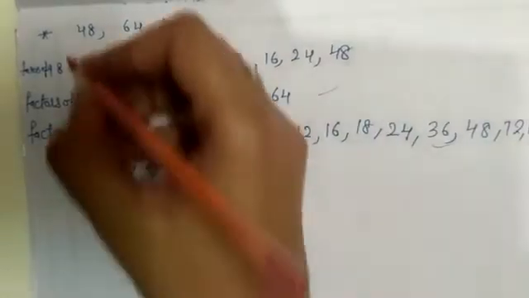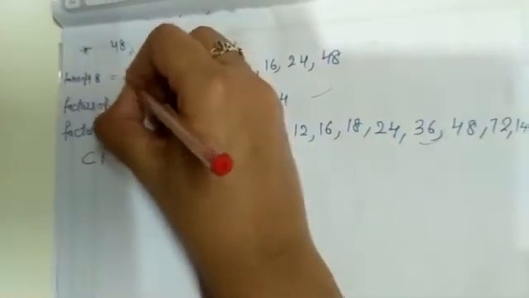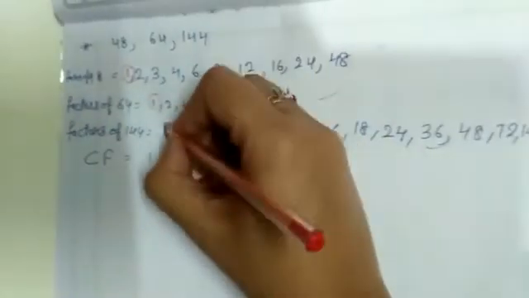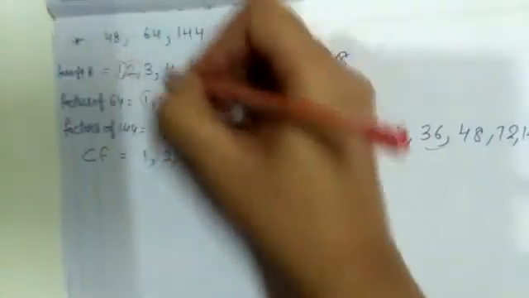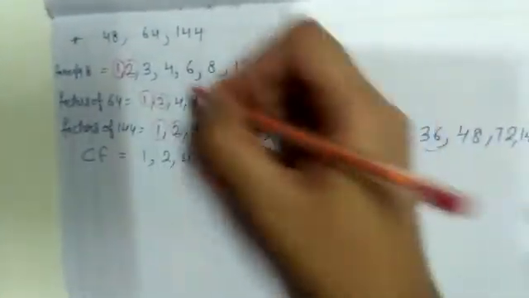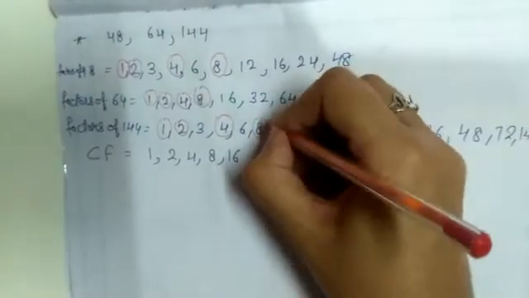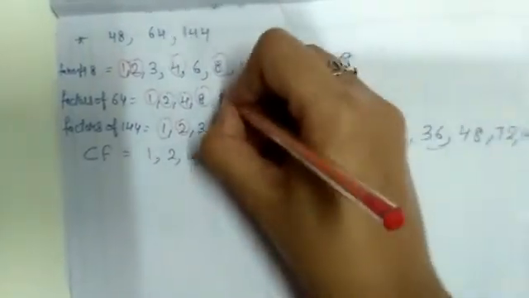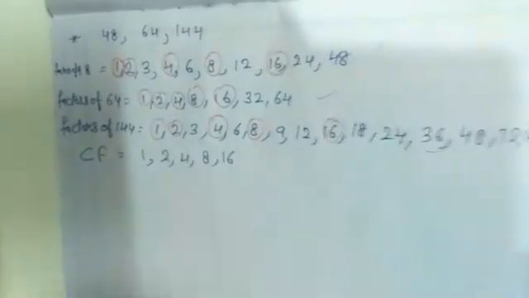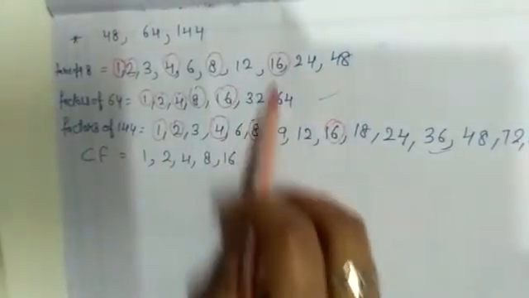Okay, now find the common factors. 1 is common here, 2, 4, 8, 16 are common. Any other number common?